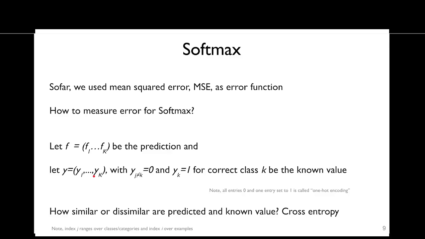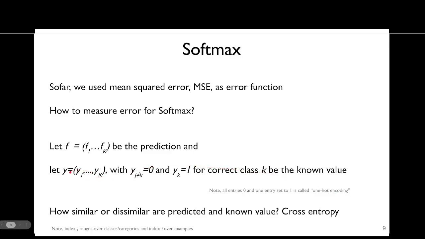We know precisely which is the correct label. And that means this vector of y's is essentially consisting of zeros. Only the true digit gets a 1. And such an encoding where everything is 0 but one value is 1 is called a one-hot encoding. It's kind of a standard terminology that you should know, one-hot encoding.